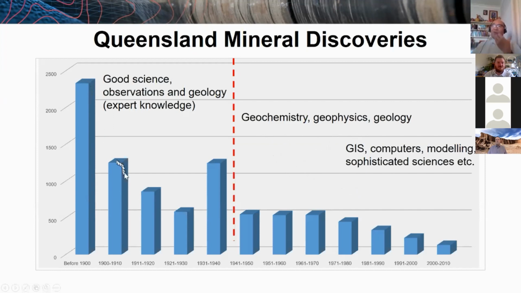Nonetheless, if you look at the trend of discovery, it starts to fall off, and we were held back by good science until about the 1980s, and after that it starts to taper. One of the reasons is that a lot of the easily discoverable deposits have been found, and then we are forced to face the highly difficult to find deposits undercover itself.